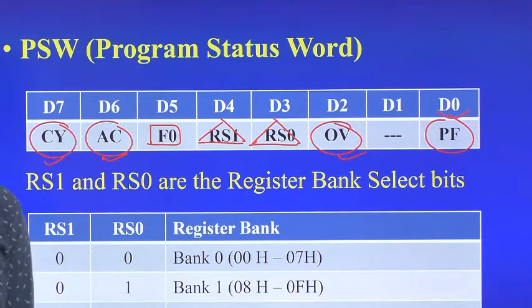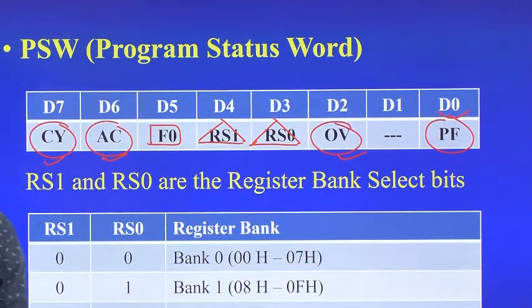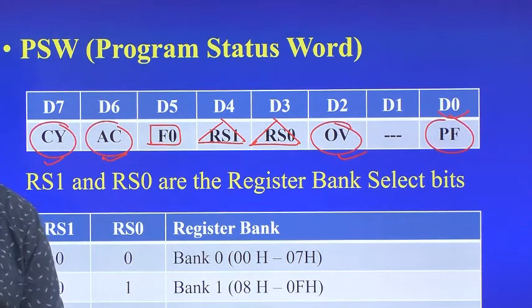Or I can say it another way: if the produced result size is greater than the destination size, then also we can say that overflow occurred. So this OV is set to 1 once the produced result size is greater than the available destination size.